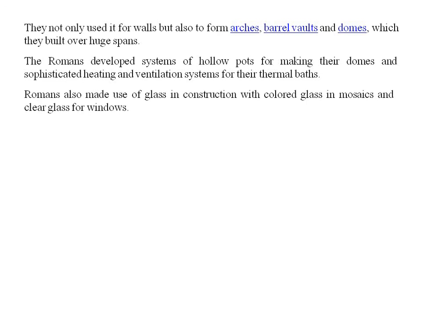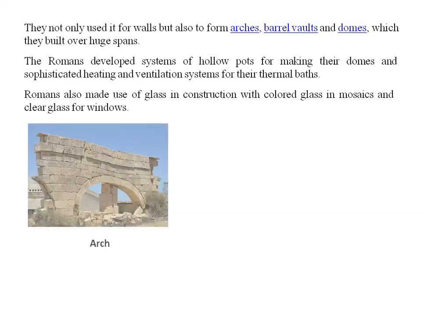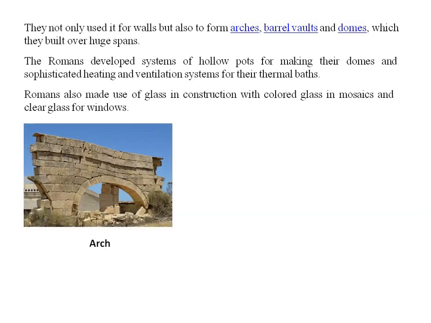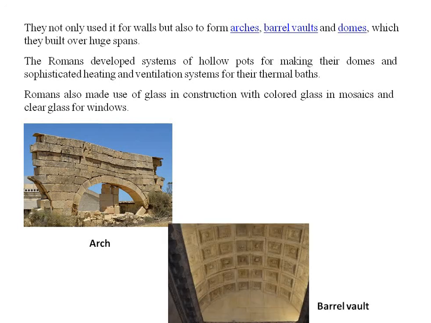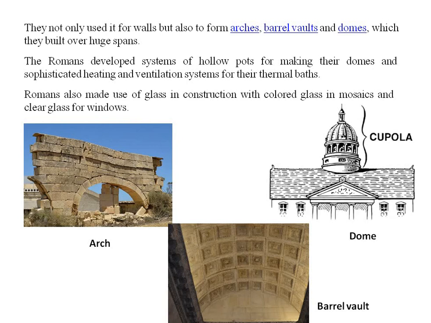Romans also made use of glass in construction, with colored glass in mosaics and clear glass for windows. You can see the first example is the arch, second example the barrel vault, third example the dome, which is known as a cupola.